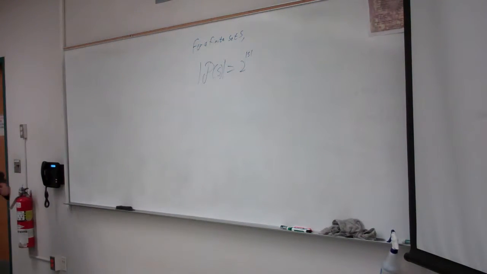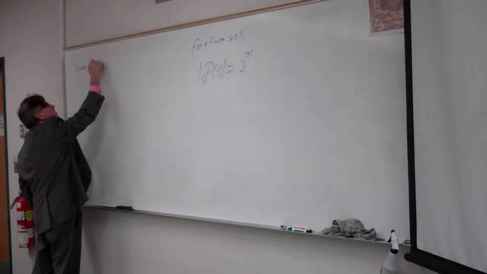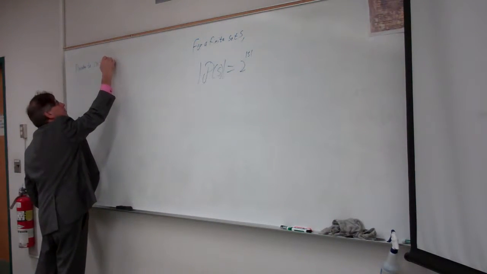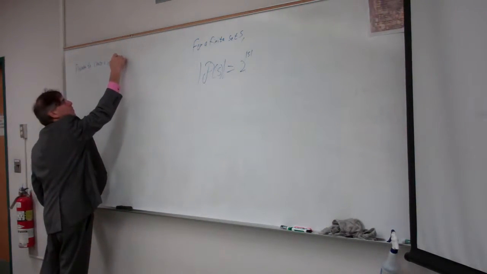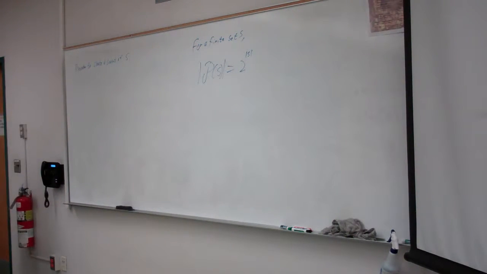So if we create a procedure to create a subset of S, how would you pick a subset of some set? You're on a desert island, you got a box of 50 objects, you want to make a subset of that set.